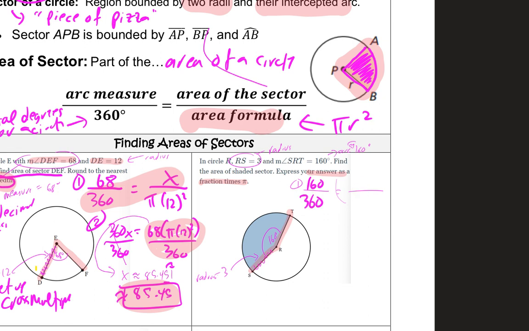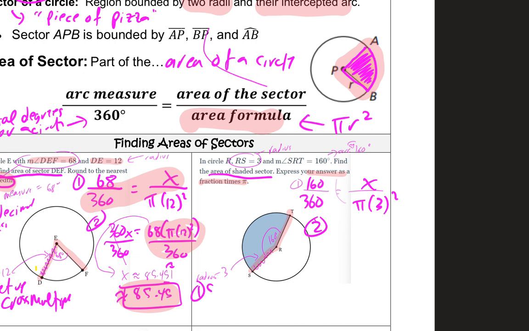Then over here goes our area of the sector, and that's what we're trying to find, the area of the sector, right? So that's going to be our x over pi times the radius squared, right? So what's going to go in there for the radius? The radius is 3. Okay, so now let's go ahead and cross multiply.